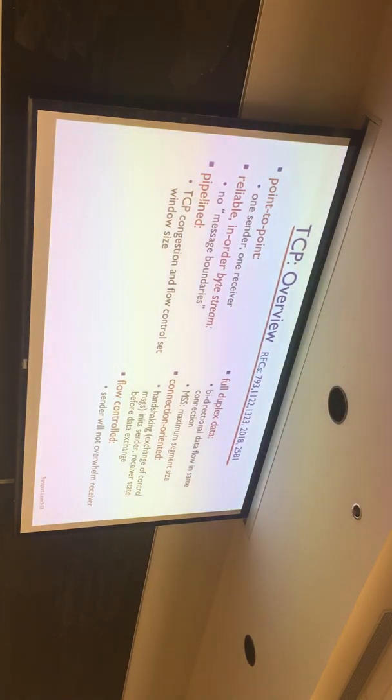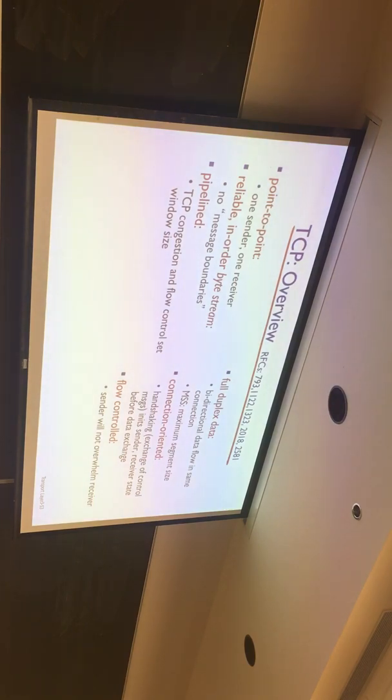It's pipelined, but this is also managed with consideration for congestion and flow control. We won't be able to cover these two parts. It's full duplex data, so the sender and receiver can send packages back and forth. The channel goes both directions.